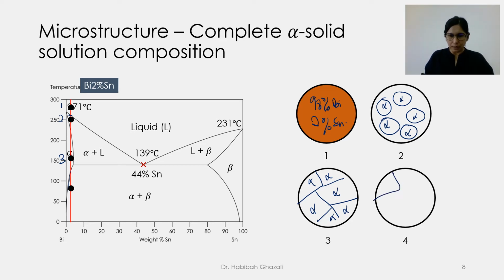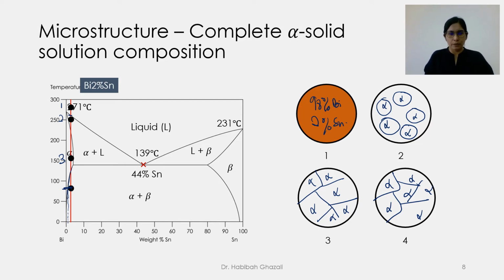So we begin with a matrix of alpha. Because of the solubility limit, we know that at this temperature here that we are looking at, only about 1% of tin can reside inside the crystal structure of alpha solid solution.